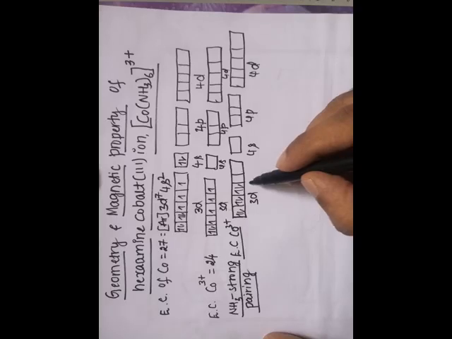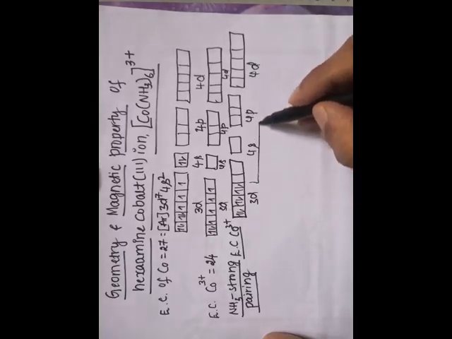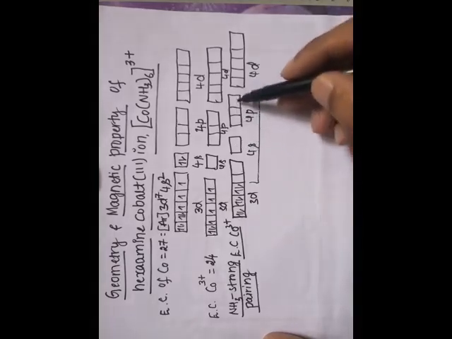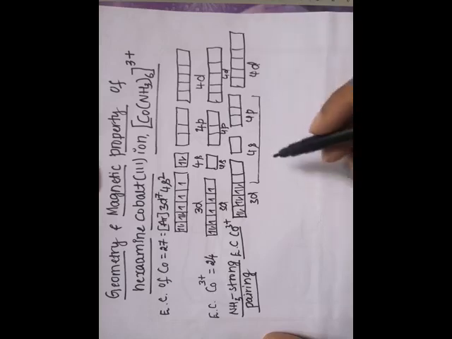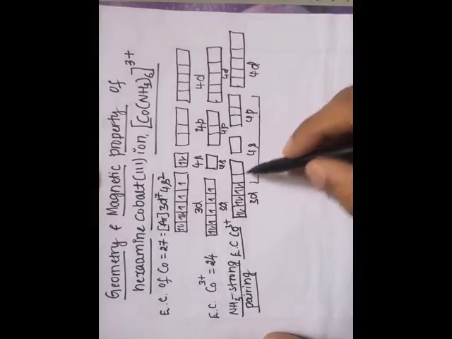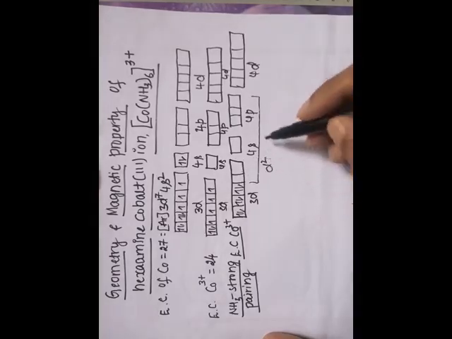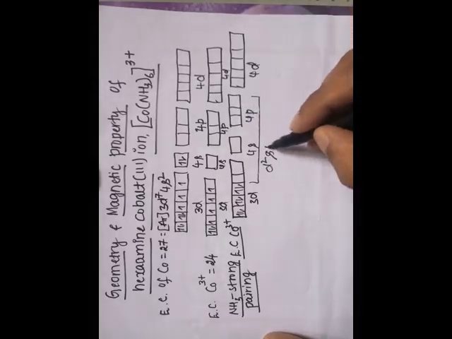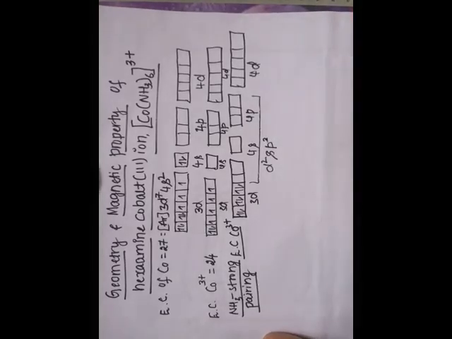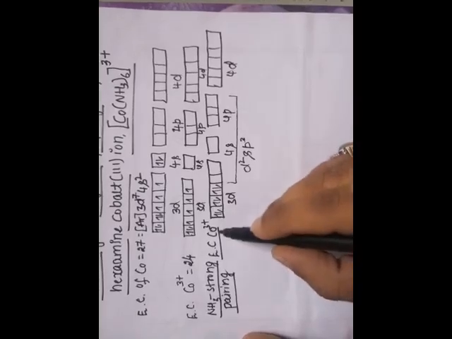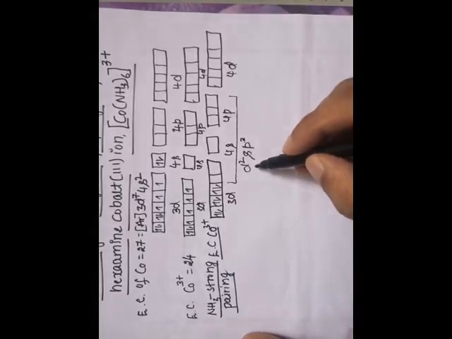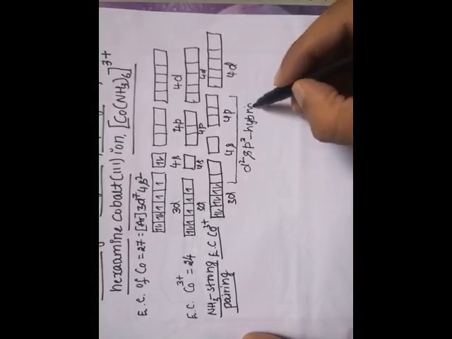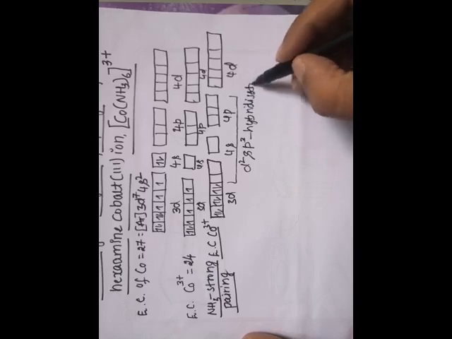That means 2 orbitals from the 3d orbital, 1 orbital from the 4s orbital and 3 vacant orbitals from the 4p orbital. That is 2 d orbitals, d2, 1 s orbital and 3 p orbitals, p3. Therefore the cobalt ion undergoes d2sp3 hybridization.